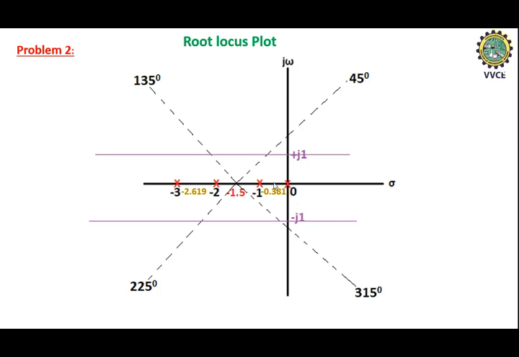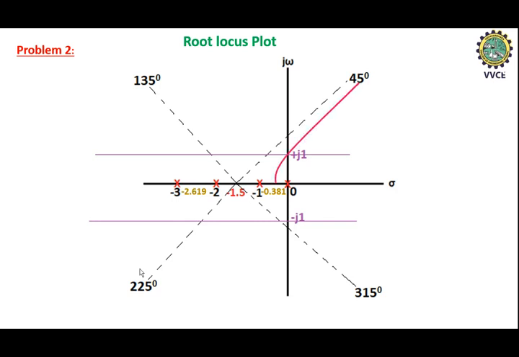There are two branches, so one pole should move at 45 degrees, another pole should move at 315 degrees. Here also minus 2.6 is a breakaway point. Starting from this breakaway point, one pole should move in the 135 degree direction, another pole should move in the 225 degree direction. So let us plot this.